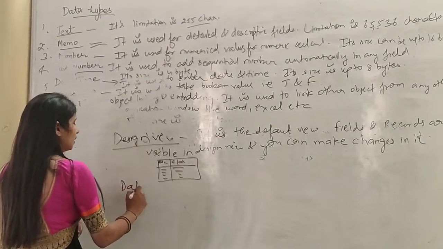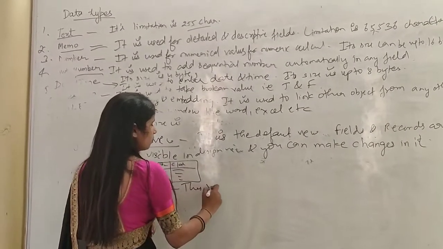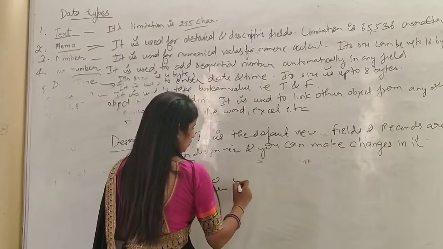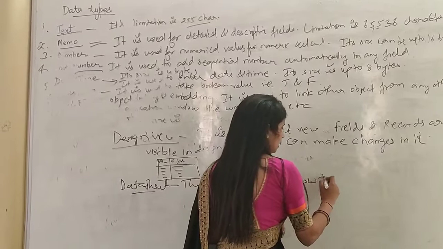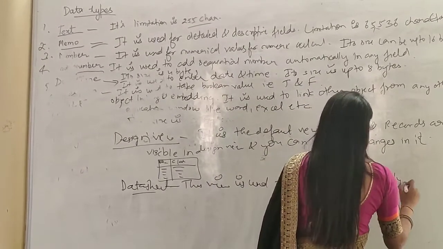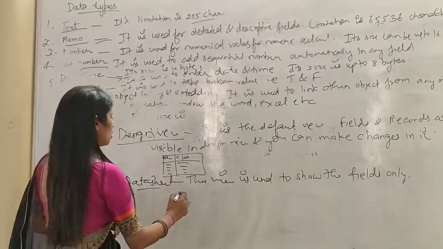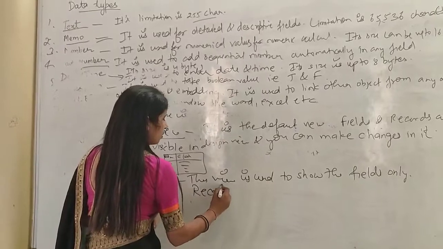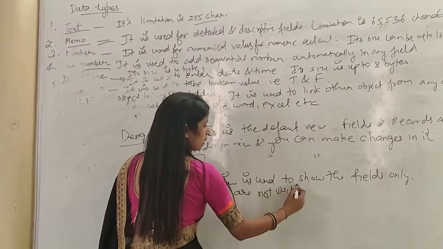Next is data sheet. This view is used to show the fields only. Means in this data sheet view the records are not visible. Records are not visible.